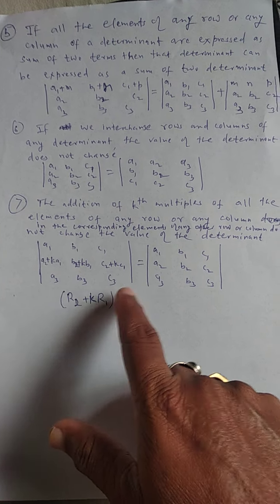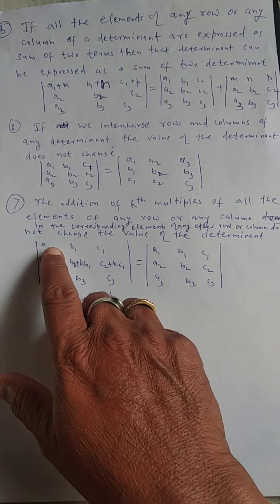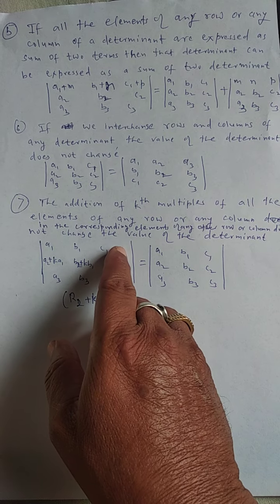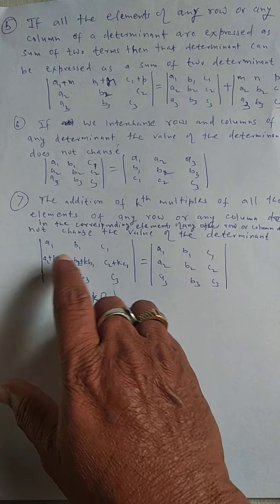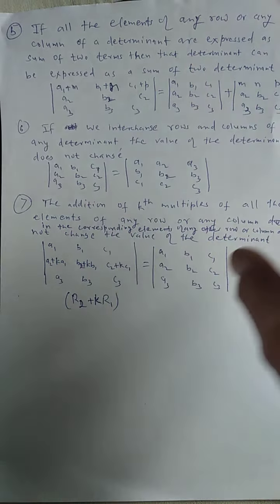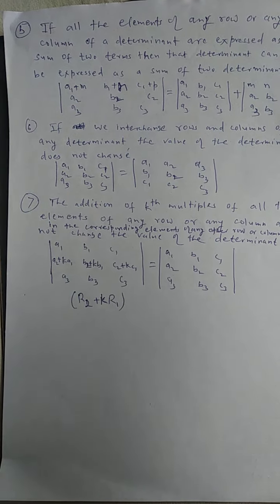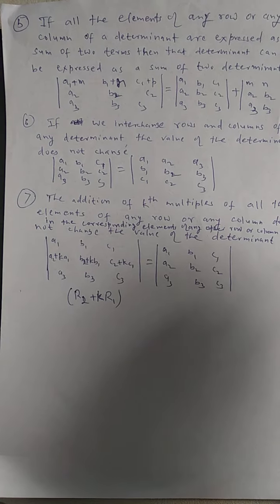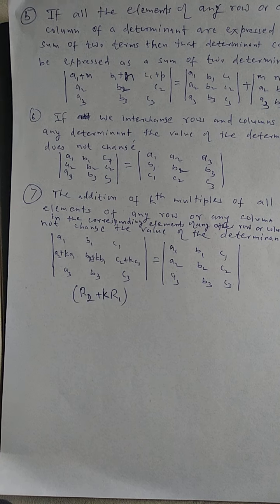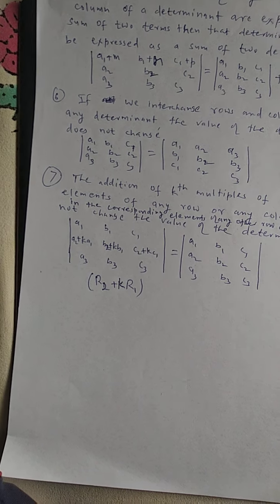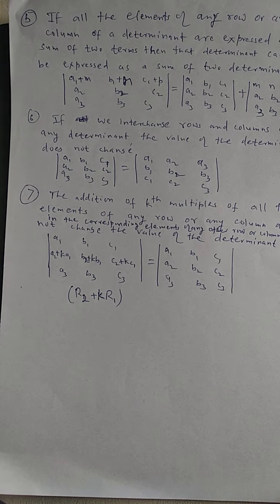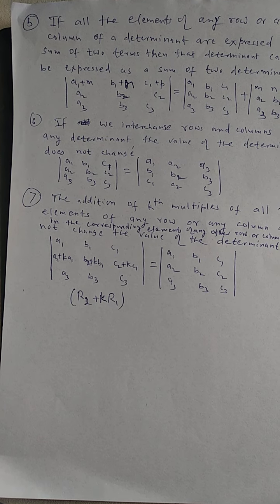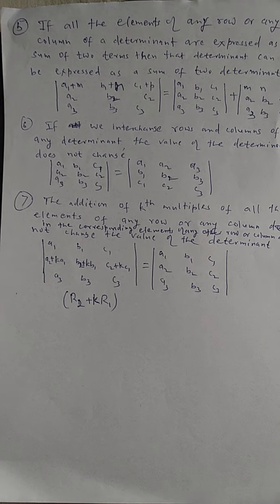Examples means just verification. Take a1 as 2, b1 as 3, c1 as minus 1, a2 as 5, whatever it may be. Take any k and compare the original determinant and the new determinant, which we get by the operation R2 plus k R1. The values will come out the same.